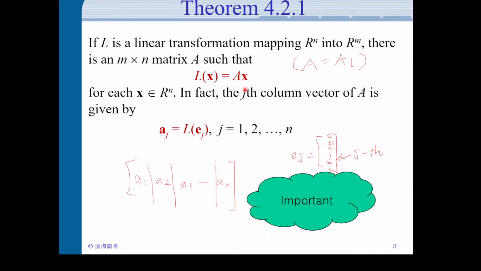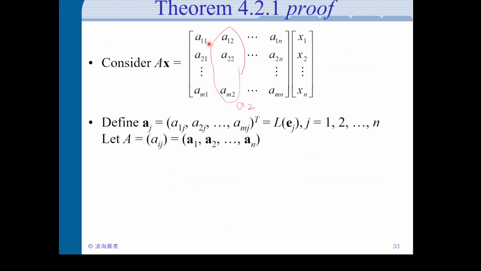So what's A times x? This matrix is written out as a matrix with elements like this. So we have all those elements of A: A11, A21, An1, etc., times the x vector x1, x2 to xn.